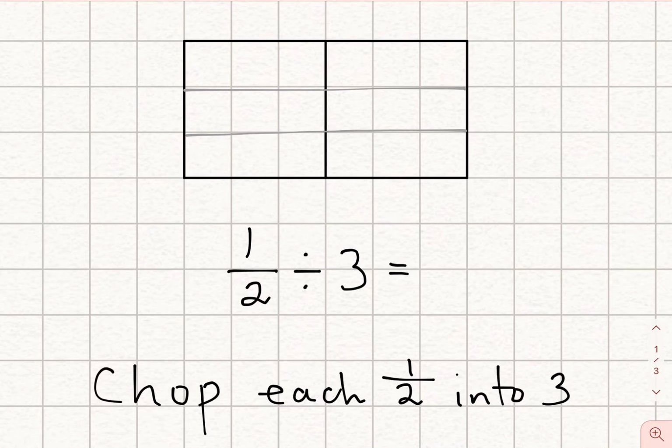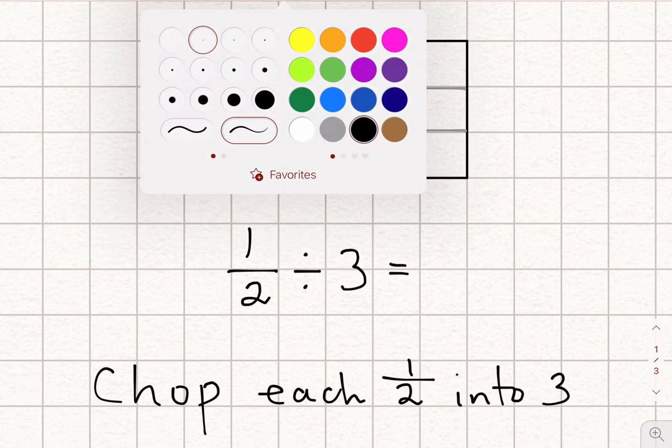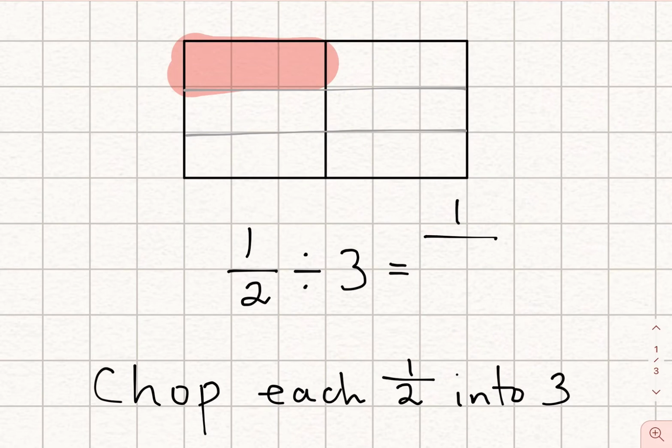And then I'm going to go ahead and shade in how much does one of these get. So I'm going to shade in one piece here. And so I have 1 shaded in. And that's out of how many? 1 out of, how many are there all together? 1 out of 6 altogether.